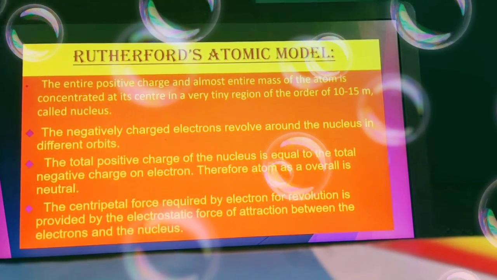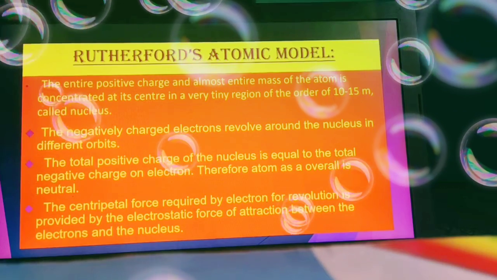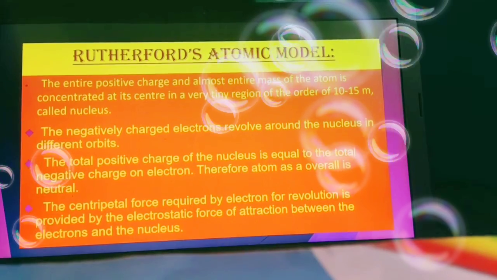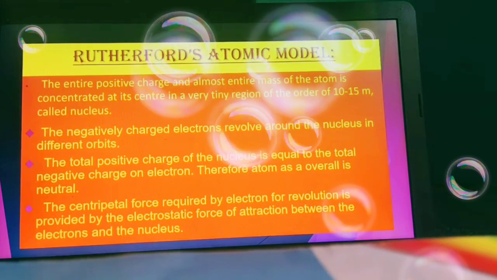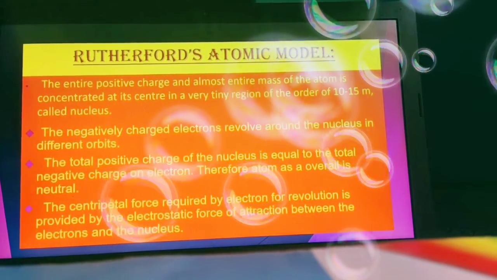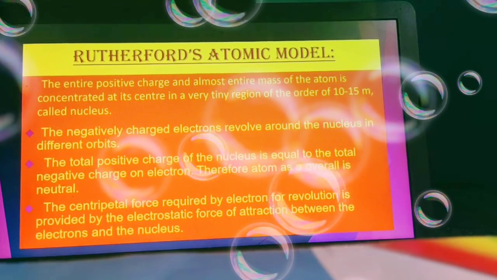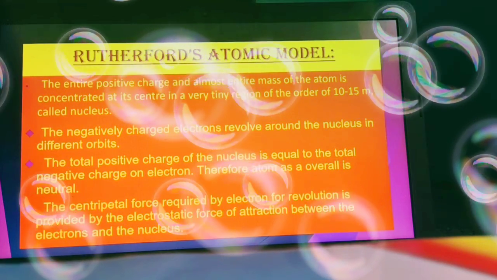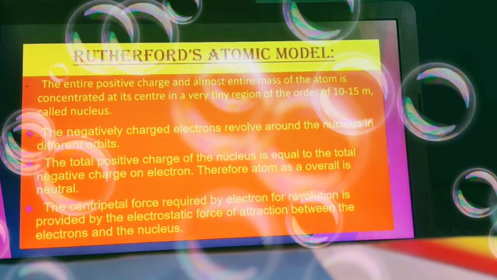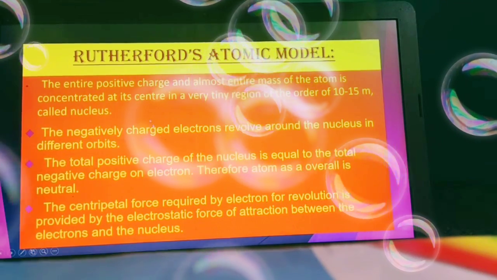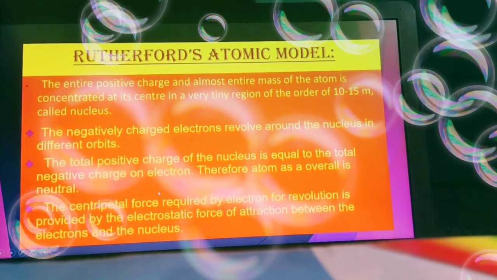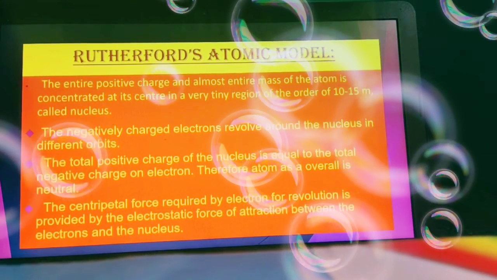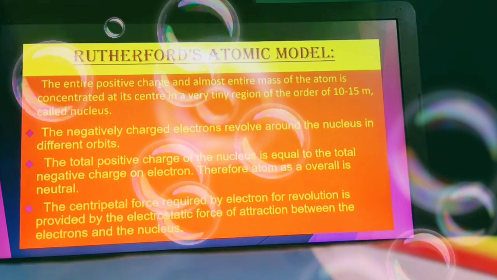The next one is the negatively charged electrons revolve around the nucleus in different orbits. Look at the next point. The total positive charge of the nucleus is equal to the total negative charge on electrons. Therefore, the atom is totally neutral.